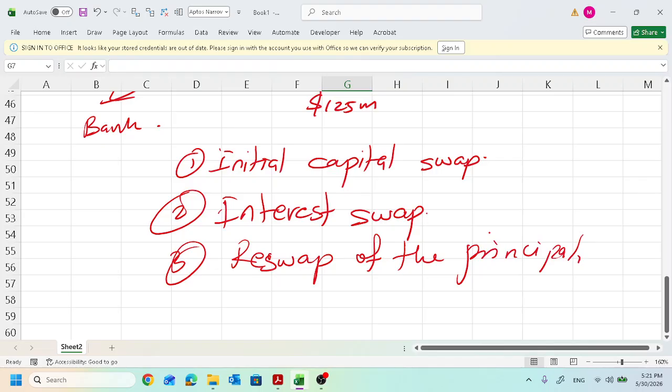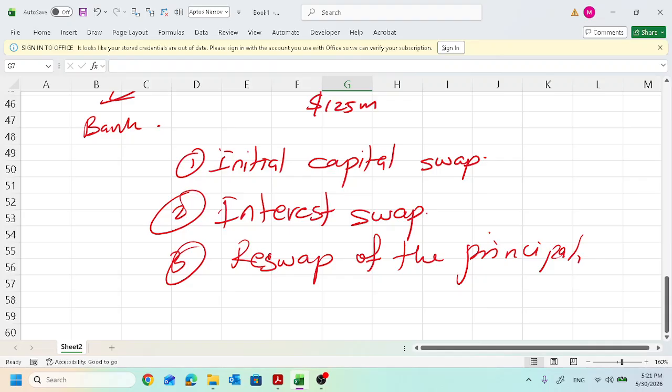And what are the advantages here? One, if companies want to borrow in foreign currency, they may not get good rates. So in this method, each of the companies is borrowing at the best rates because they are borrowing in their local currency and then swapping it.